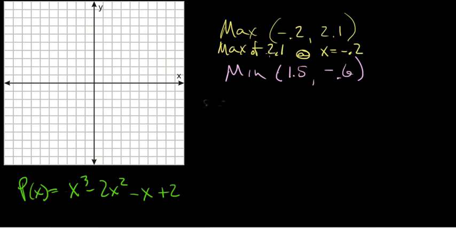That means y goes up to 2.1, the highest it goes along this interval, and it does that at x equals negative 0.2. And for this one, it has a minimum of negative 0.6 at x equals 1.5.